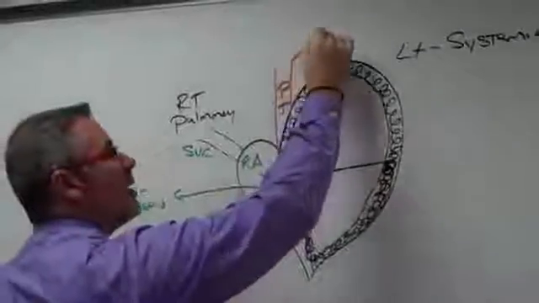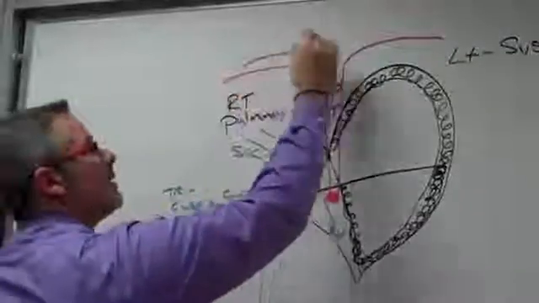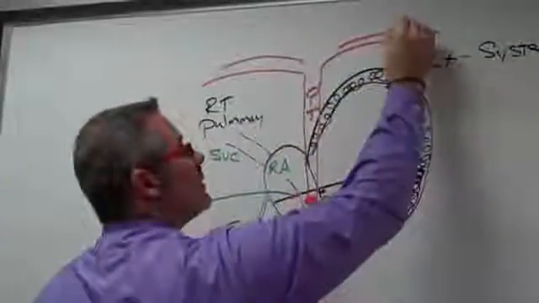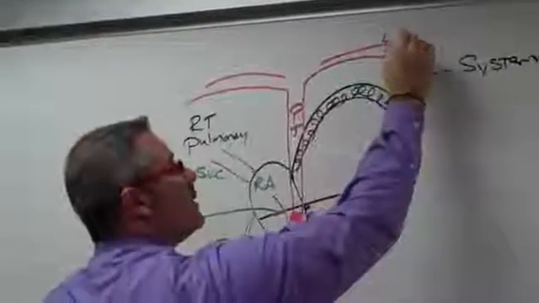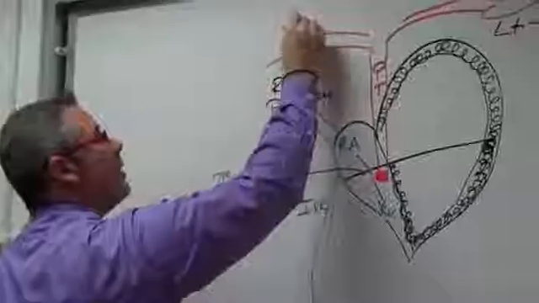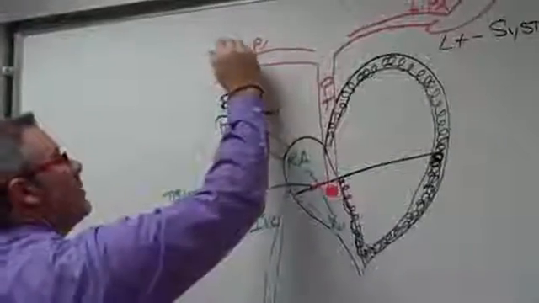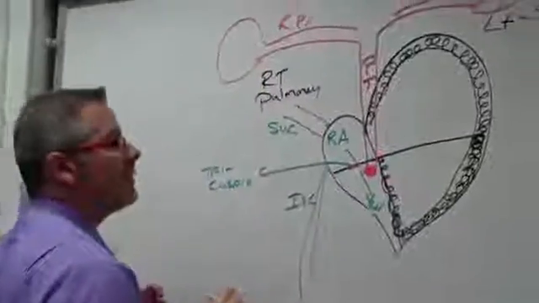After the pulmonary trunk, blood is diverted into your right and left pulmonary arteries, which go into the lungs.